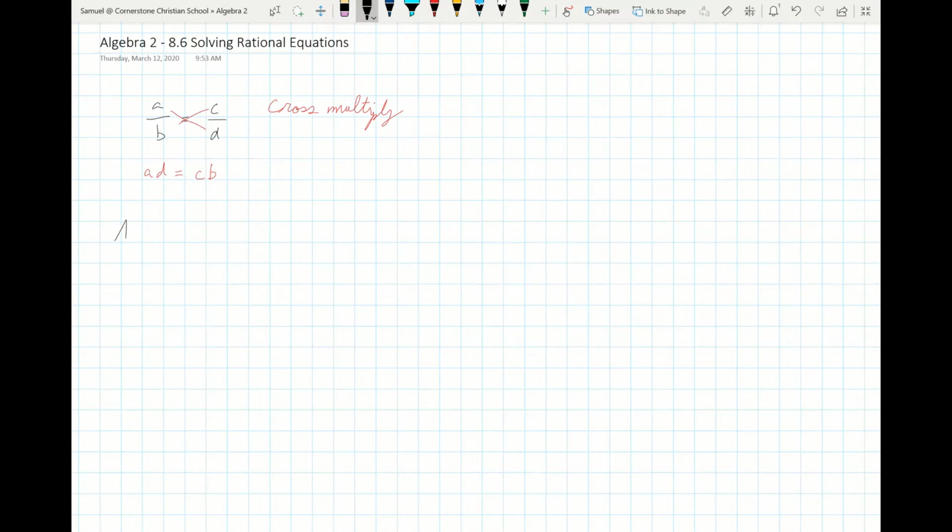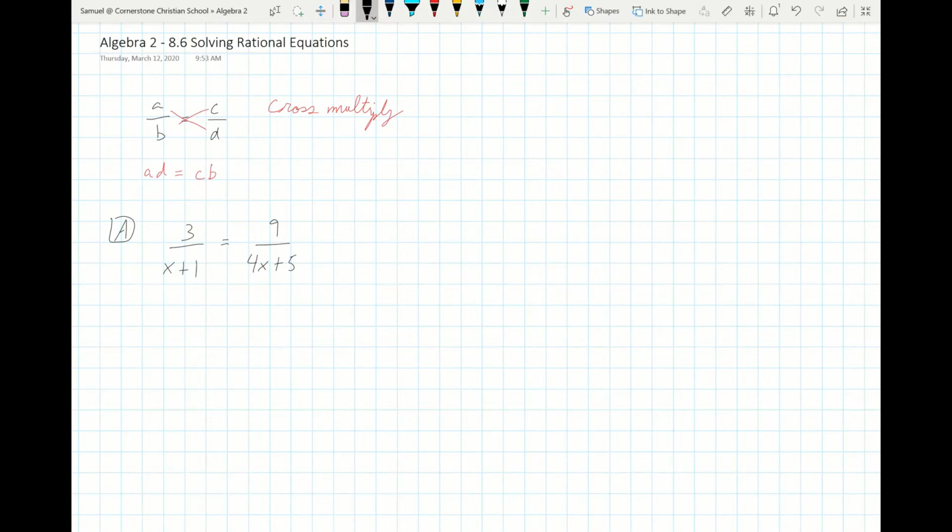So using some numbers that we're familiar with, we have 3 over x plus 1, and this is equal to 9 over 4x plus 5. Now, since this is just a fraction equal to a fraction, we can use cross multiplication.